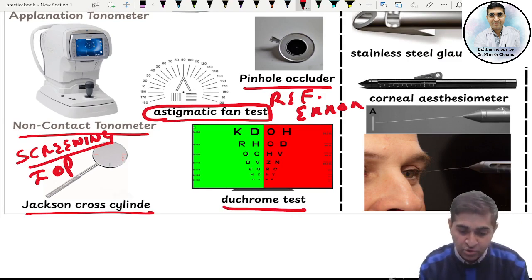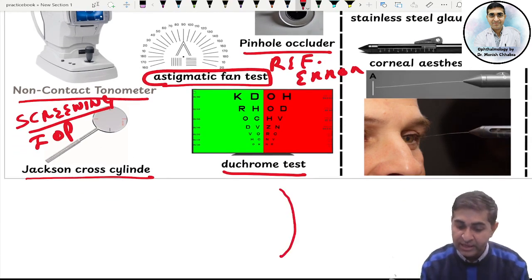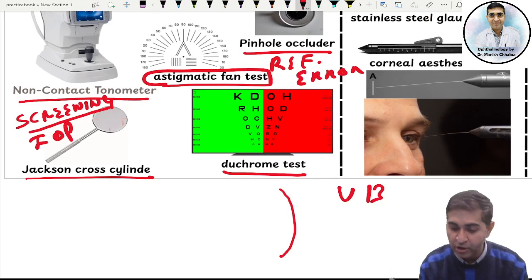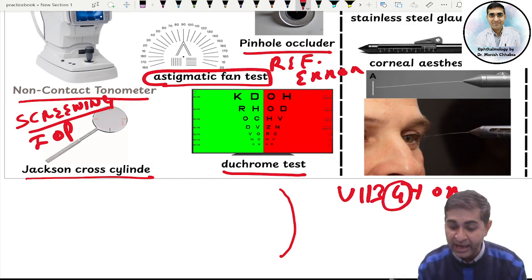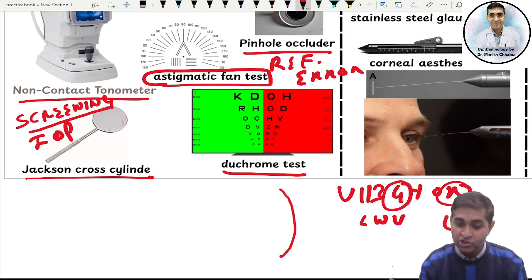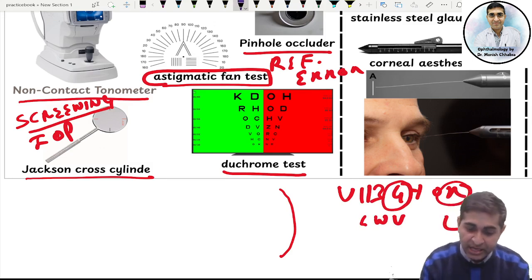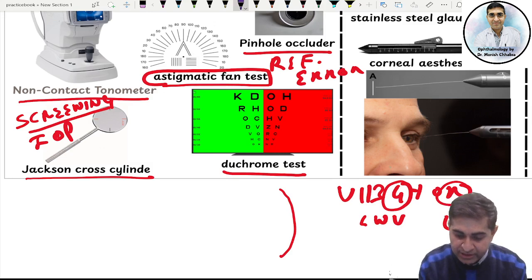Duochrome test. So you need to understand one thing, that you know VIBGYOR. That actually tells me that green color has a small wavelength and red color has long wavelength. So ideally what happens is the green color is projected just in front of the retina and red color is projected just behind the retina.